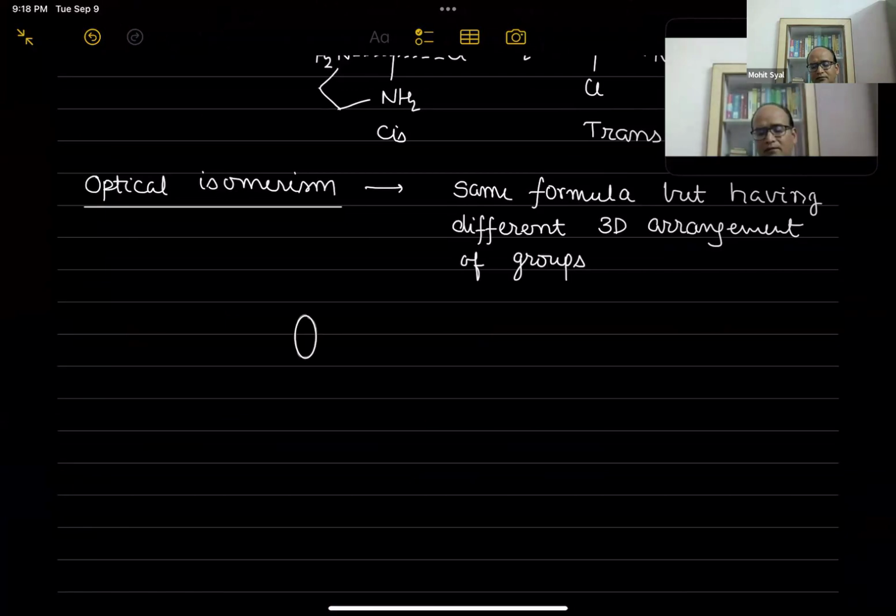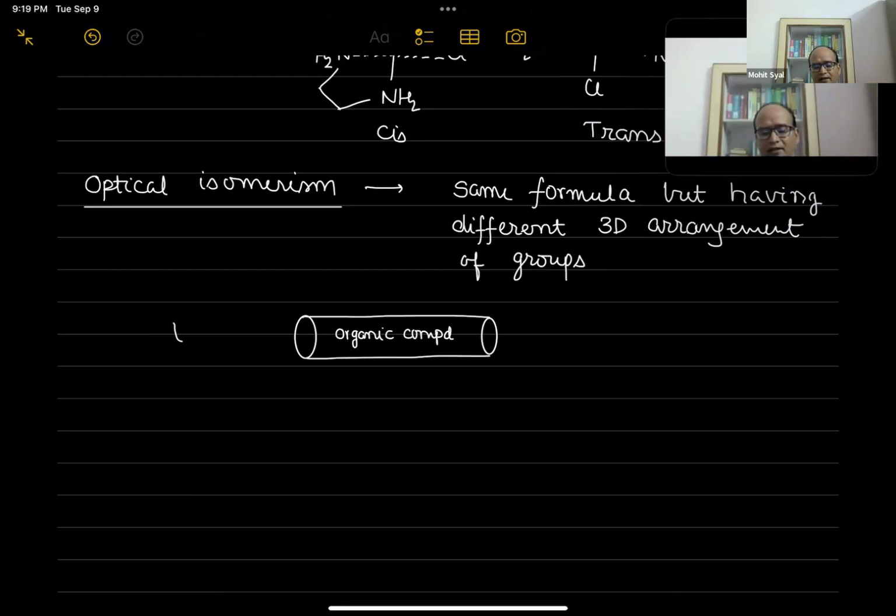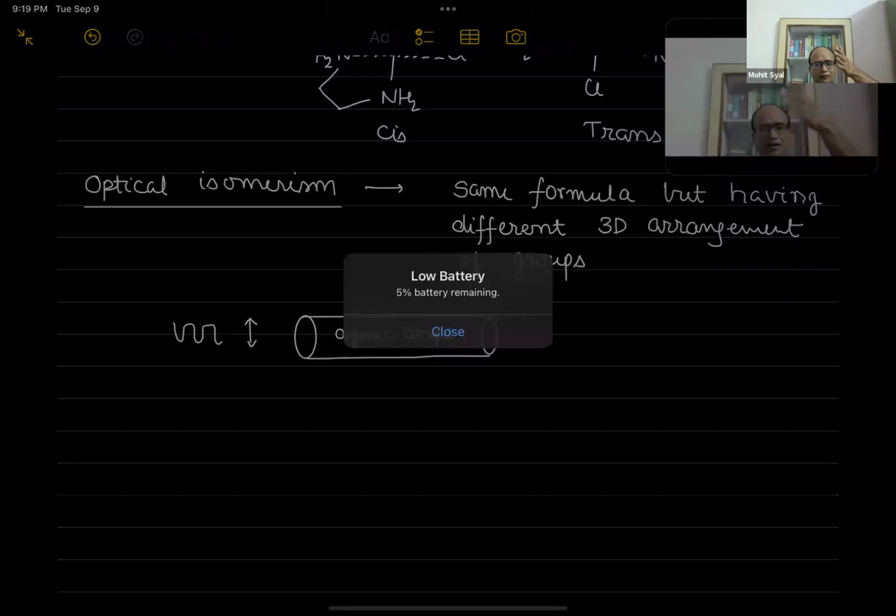So suppose you have a compound for which you would like to detect whether it is optically active or inactive. Organic or inorganic, the compound which you need to analyze, and this is the polarized light coming, in the vertical plane of polarization.